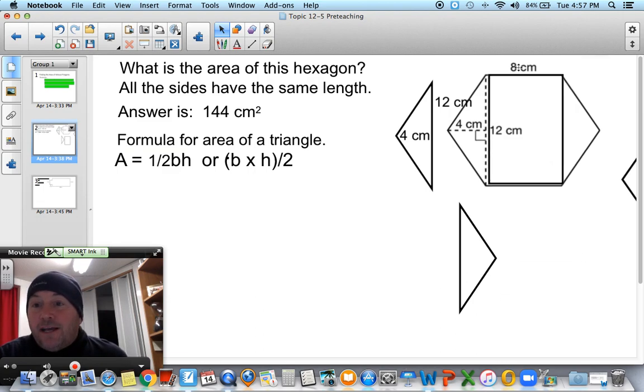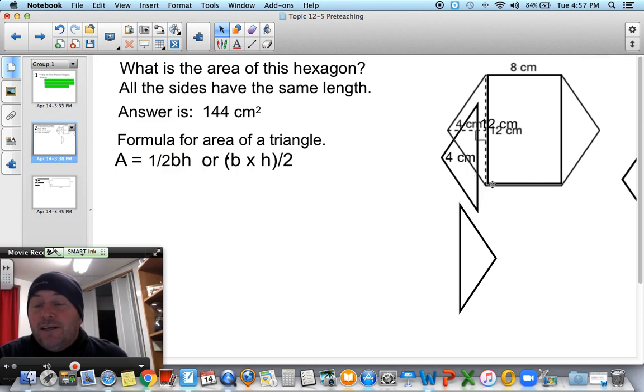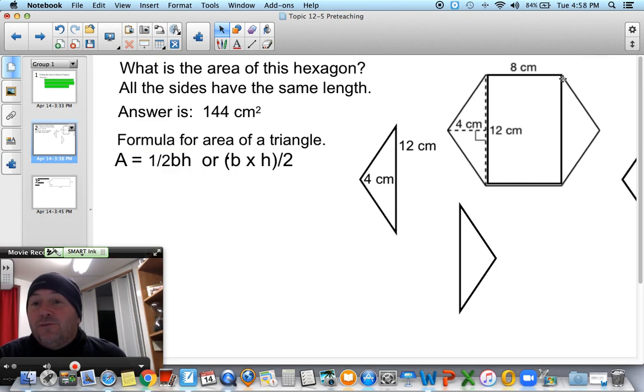I see the rectangle right here. But then what I see is that this rectangle can be broken up and dissected into these parts right here. So some of you are going to take this triangle right here, and say, I can plug that in right here.